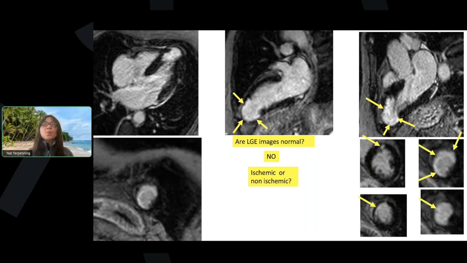So whenever in cardiac imaging you see scar, the first thing first is to decide whether it is ischemic or non-ischemic, right? So this one is ischemic because it is subendocardial enhancement and it's also along a coronary territory here. So what coronary artery territory is here?